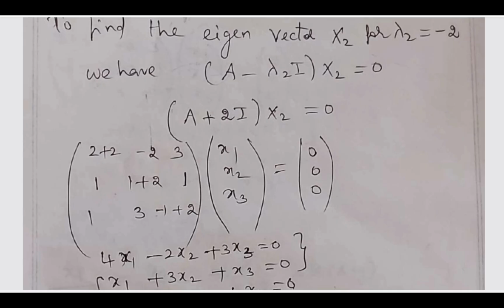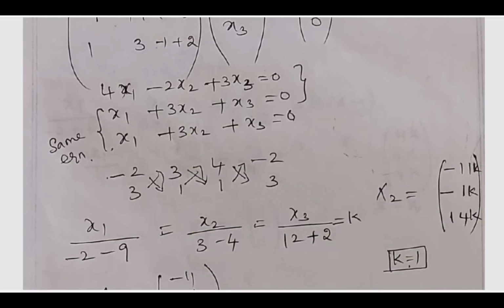Okay, so now you expand this equation, so it becomes 4x1 minus 2x2 plus 3x3 is equal to 0. And x1 plus 3x2 plus x3 is equal to 0, and the last equation is x1 plus 3x2 plus x3 is equal to 0.